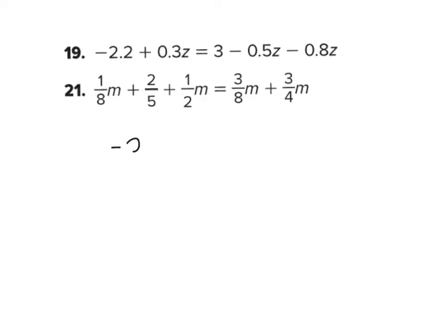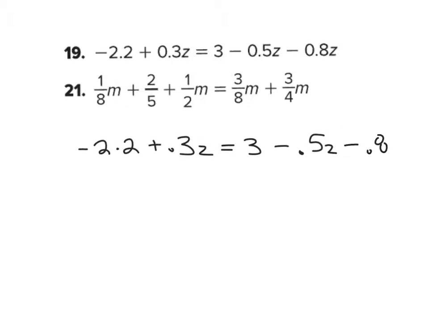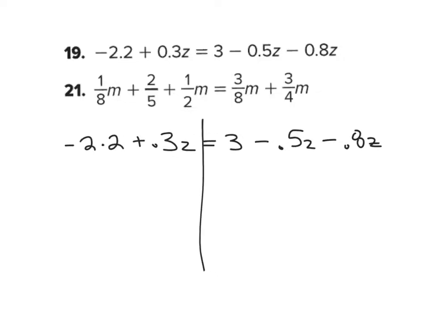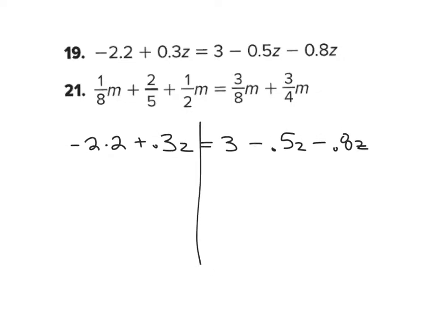So this is negative 2.2 plus 0.3z equals 3 minus 0.5z minus 0.8z. Now, I don't remember if I mentioned this, but this is lesson 8-5 in your book.